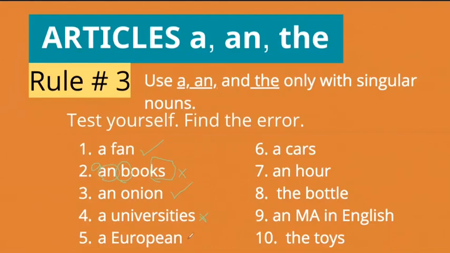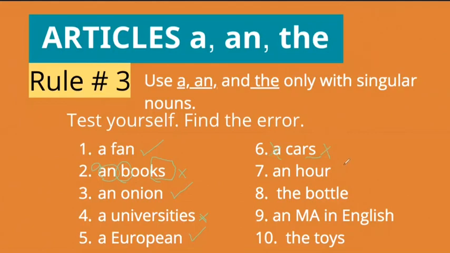Okay, next, a European. A European, yeah, singular noun, and you put a. Not an, because this has the sound U and not A. Okay, so this is correct. Next, a cars. Obviously, it's plural, so you don't use a, and that's a mistake. Okay. Next, an hour.